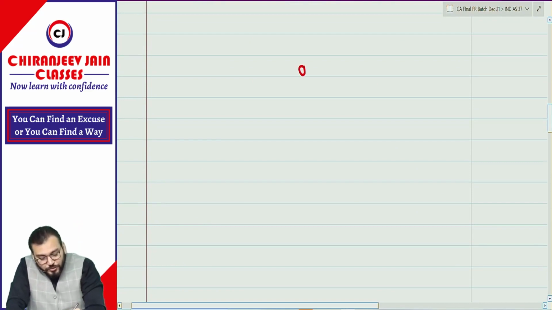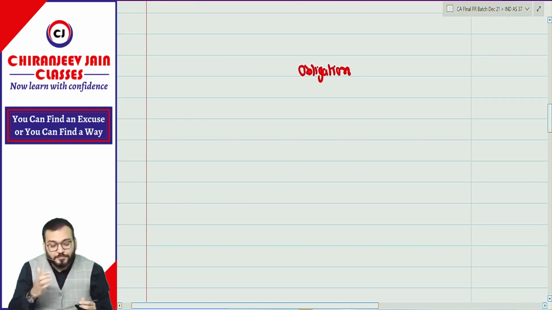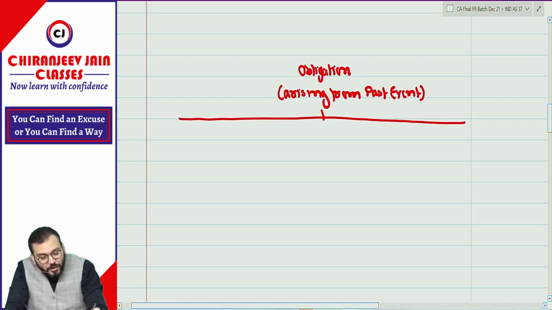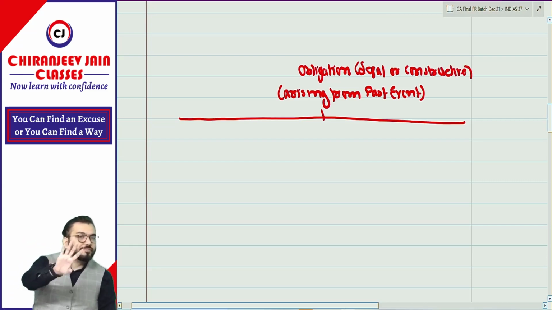Now we have understood that in this chapter we are discussing obligation. Which obligation? Arising from past event. In this, no doubt. Now this obligation can be legal or it can be constructive. Now you have understood what is constructive obligation, correct?